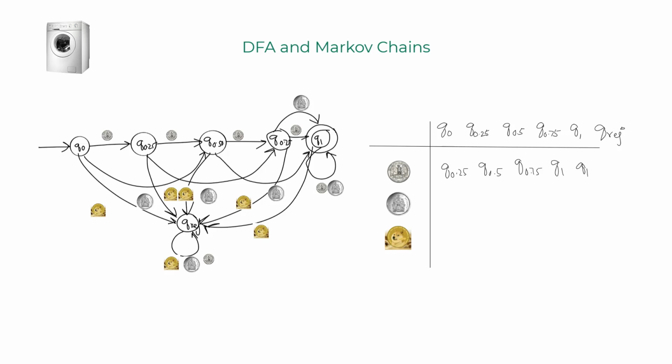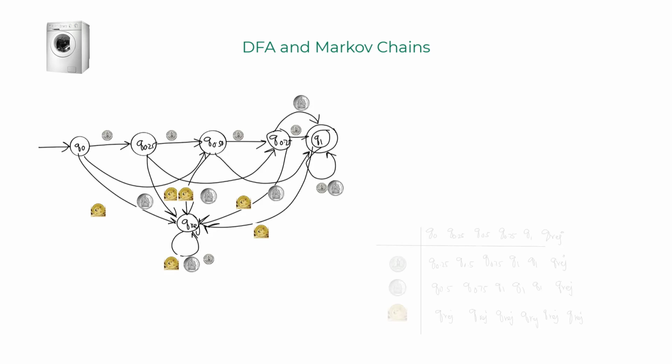At Q1, if I receive a quarter, I stay at Q1. At Q reject, if I receive a quarter, I stay at Q reject. Now I'm going to repeat the same thing with the Canadian 50 cents as well as the invalid coin. So once I finish this row, my state transition table is ready.